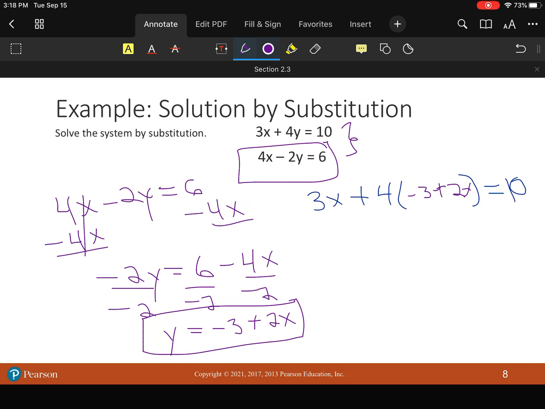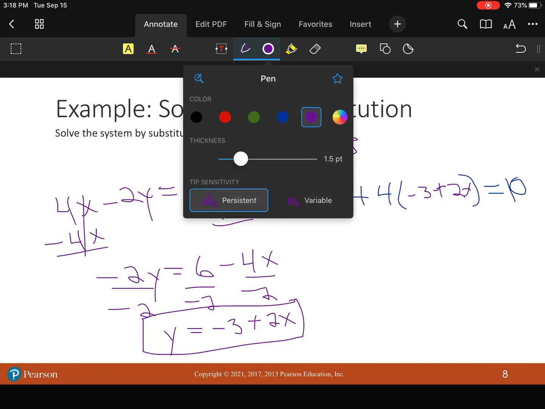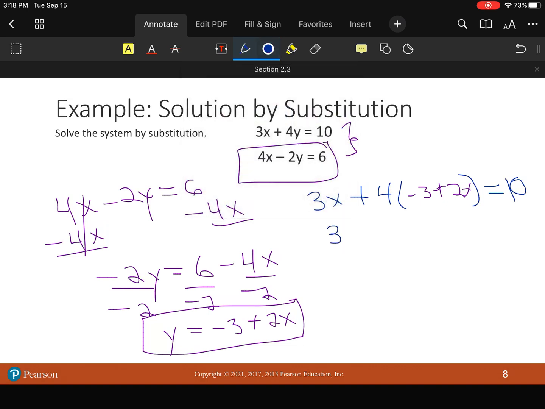All right, so then what you do is you've got to do a little bit of algebra. You substitute it. This becomes 3x minus 12 plus 8x equals 10. All right, continue to take your time.